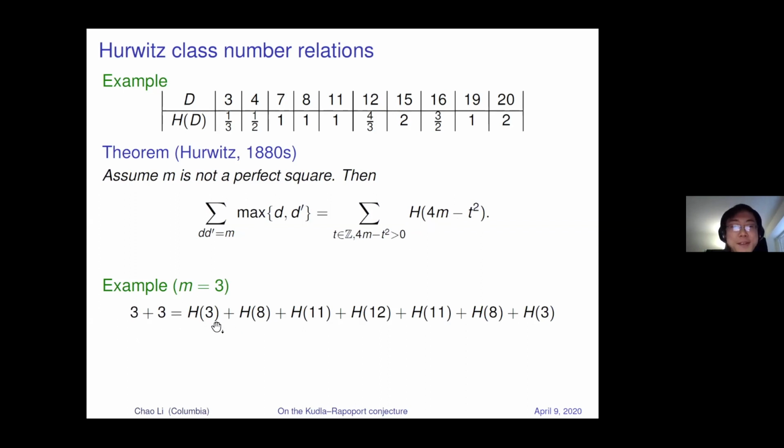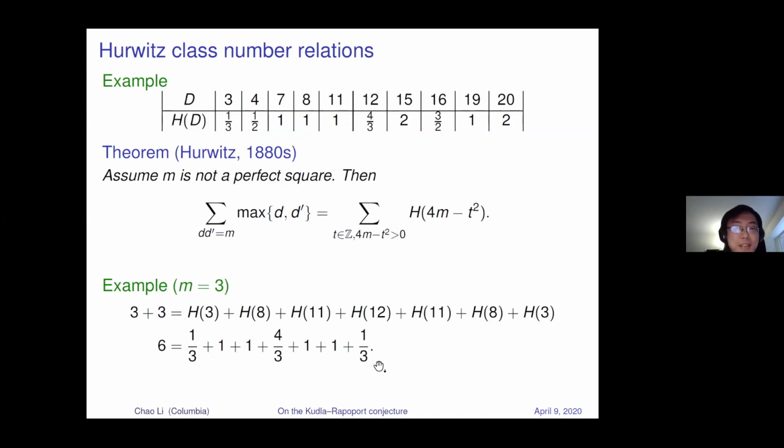It actually has 7 Hurwitz class numbers, for all the discriminants 4 times 3 minus a square, 12 minus a square. But I already listed all these Hurwitz class numbers here, so it's tempting to actually write them down and check if this formula checks out. 1/3, 1, 1, 4/3, 1, 1, 1/3. It's a lot of fun to check that it's actually correct.